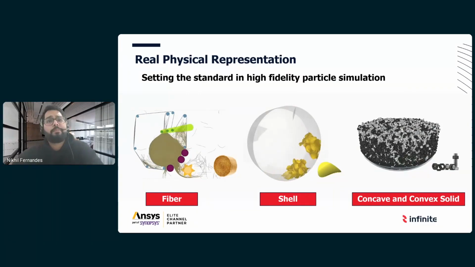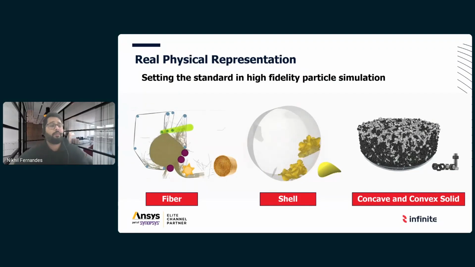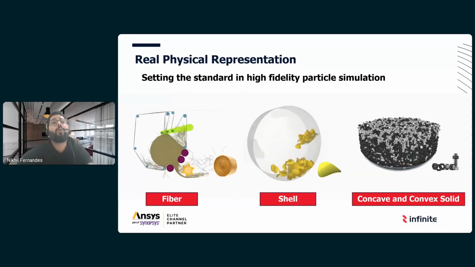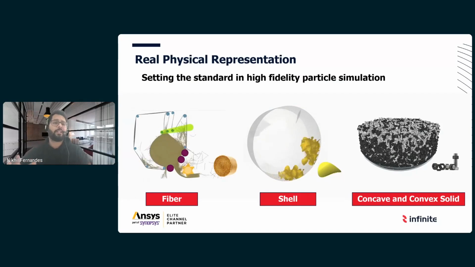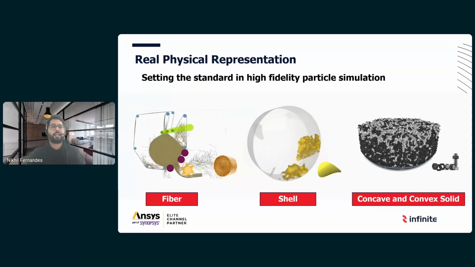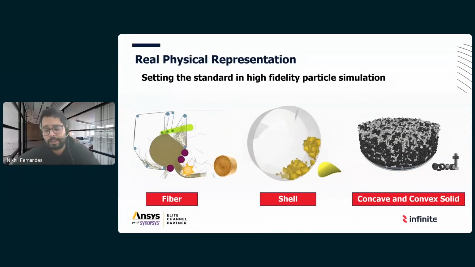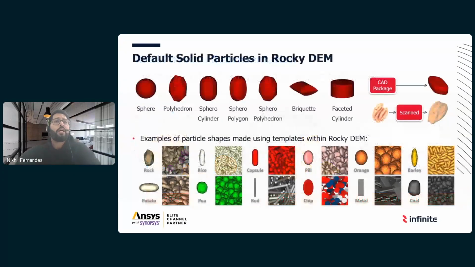Now the different types of particle shapes available inside Rocky are fibers, which are basically 1D beam elements if you would like to refer to it in mechanical terms. Shells are 2D elements, and the concave and convex solids are basically 3D elements. These are the standard defaults available inside Ansys Rocky for shape generation: a sphere, polyhedron, spherocylinder, spheropolygon, and so on.